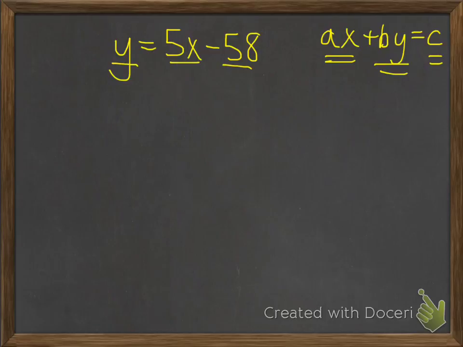No fractions, so there's no need to multiply through by anything. So you can pause and practice this on your own, and then come back and check your solution. Okay, so I'm going to subtract 5x from both sides of this equation. Minus 5x.